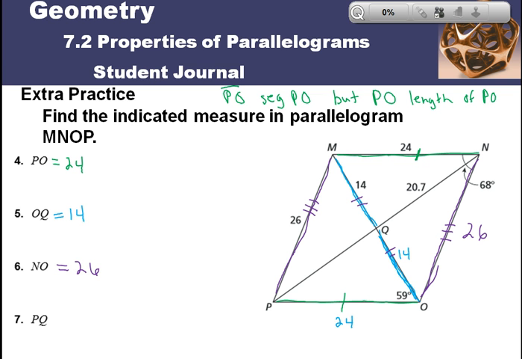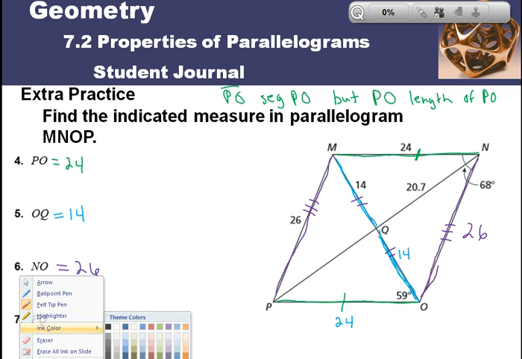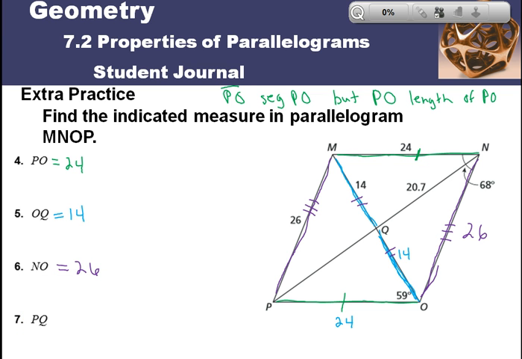And then all the angles are on the next screen or slide. So let's go with red now. Okay, so the only thing left to find here is PQ. So here's PQ, and that's congruent to QR. Now we've already used 1, 2, and 3, so we're going to do Roman numerals here.